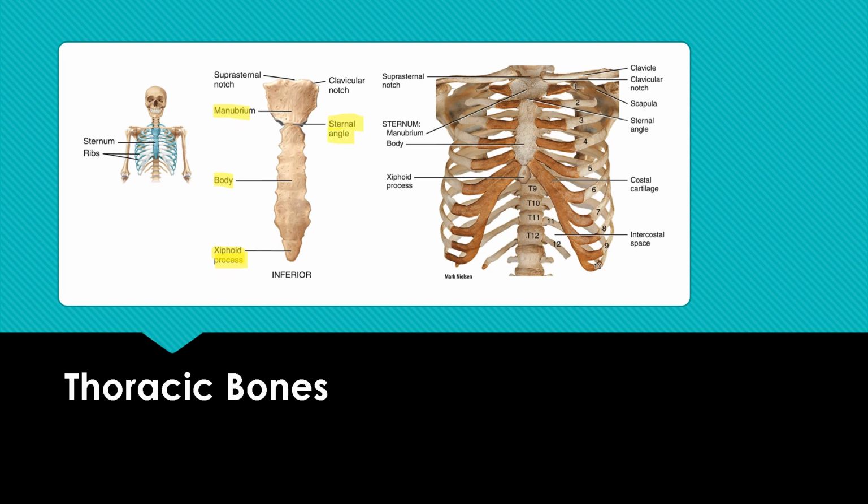The manubrium has a depression on the superior surface called the suprasternal notch, and then lateral to the suprasternal notch are the clavicular notches, and these notches are going to articulate with the medial ends of the clavicles to form the sternoclavicular joints.